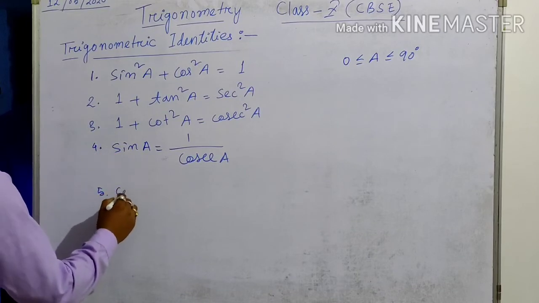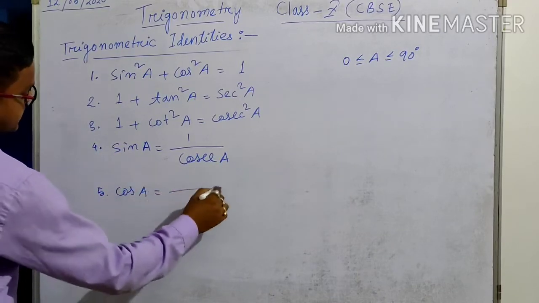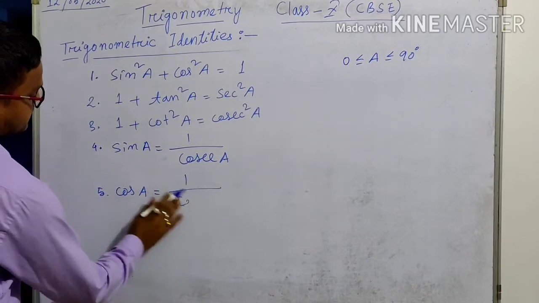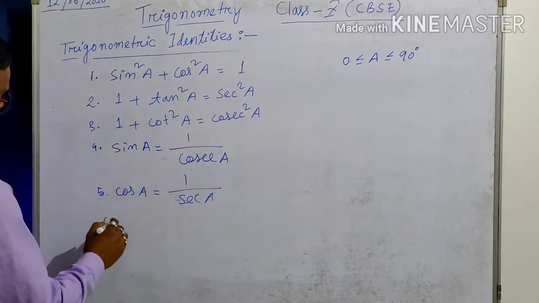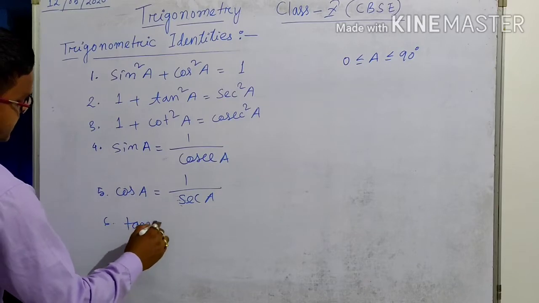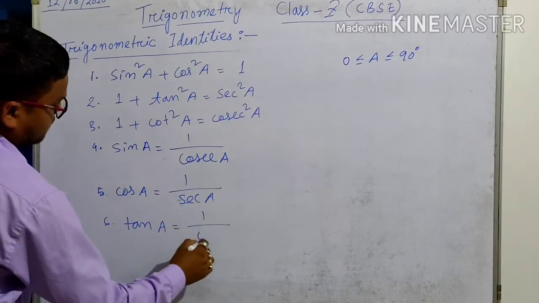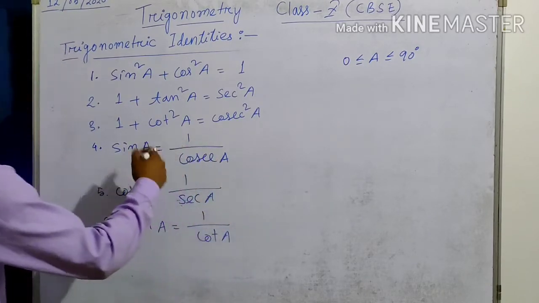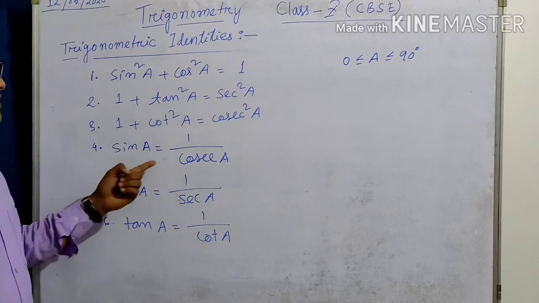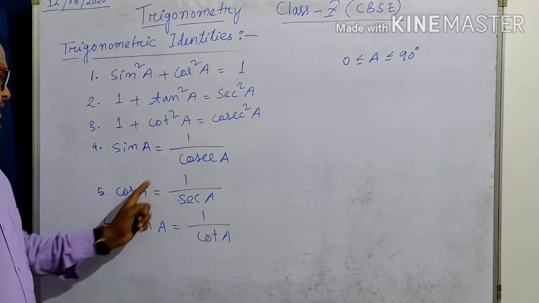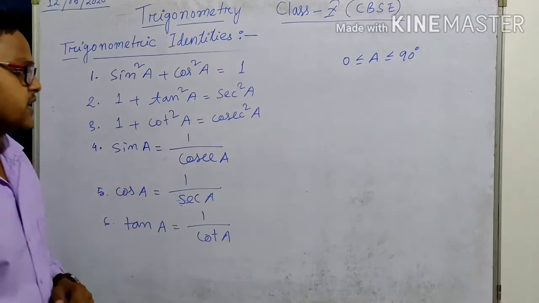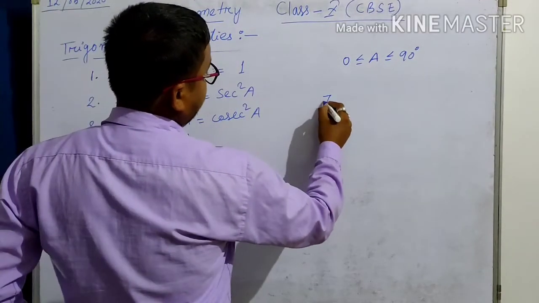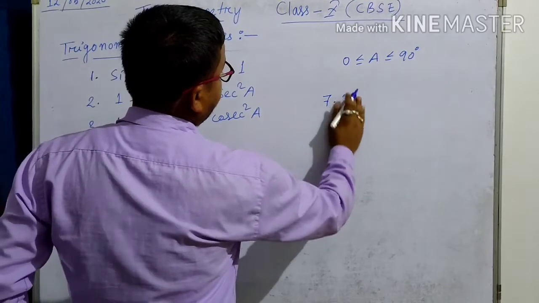Another, you will get cos A, that is the reciprocal of sec A. Sixth, tan A, this is the reciprocal of cot A. Similarly you get the reverse of this: cosec A equal to 1 by sin A, sec A equal to 1 by cos A, cot A equal to 1 by tan A.